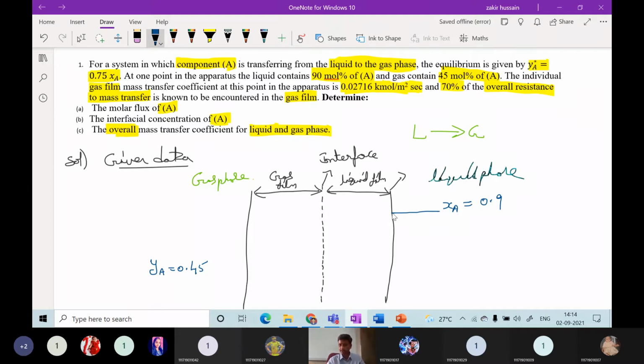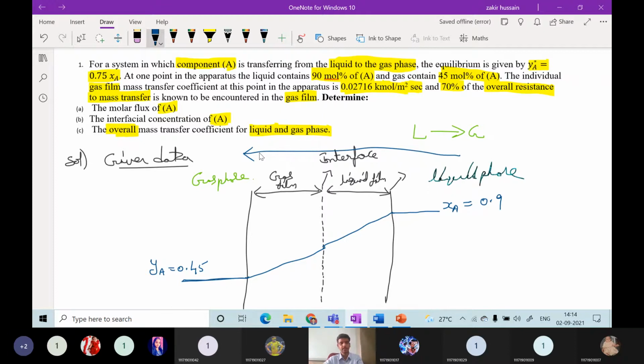So mass transfer is taking place from the liquid to gas. Liquid to gas means the profile will look like this. Then next it will go like this, and from here it will be constant throughout. This is the YA value throughout this region, and from this region it will be coming from liquid to gas. The mass transfer is from this phase to the gas phase.